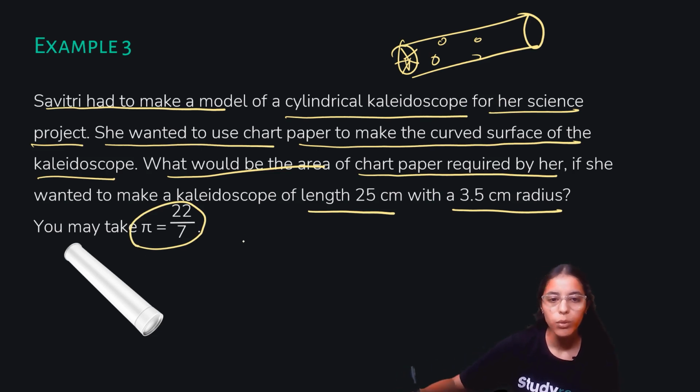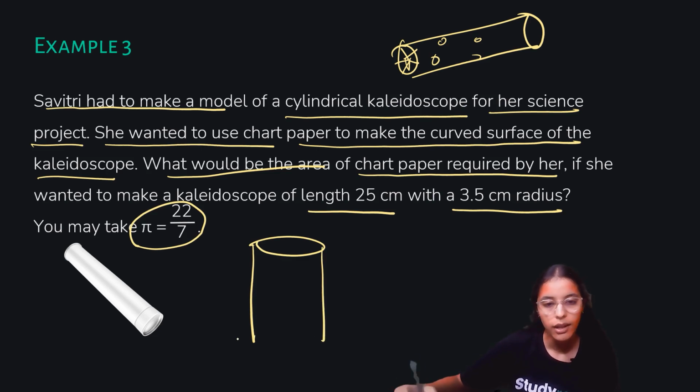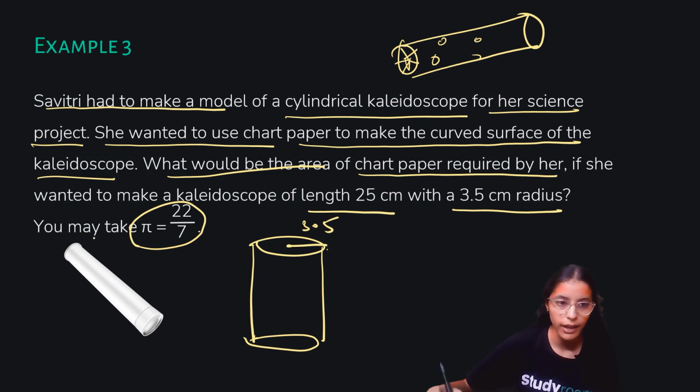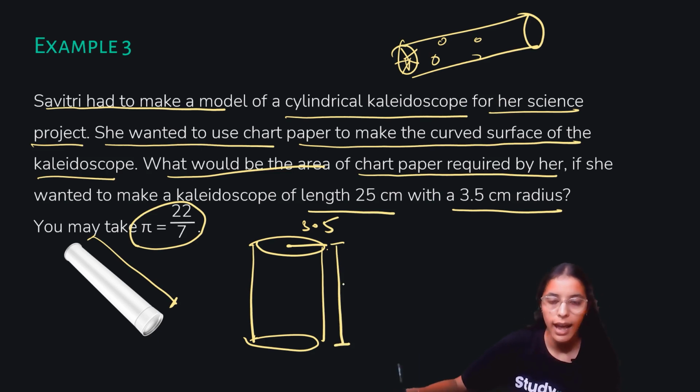So now we have a cylinder made with a chart paper, and the radius is given as 3.5 centimeter, and the height would be our length, right? Because this is the length and this is also the height, so we take the height as 25 centimeter.